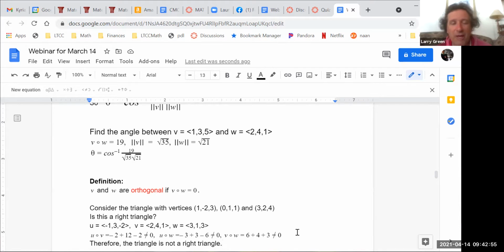You don't have to draw a picture to talk about whether a triangle is a right triangle. It's all numbers. And so this works in 20 dimensions. Exactly. If one of the dot products gives you 0, then it's a right triangle. Does that make sense?